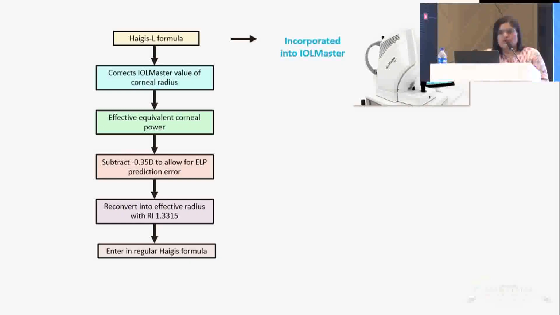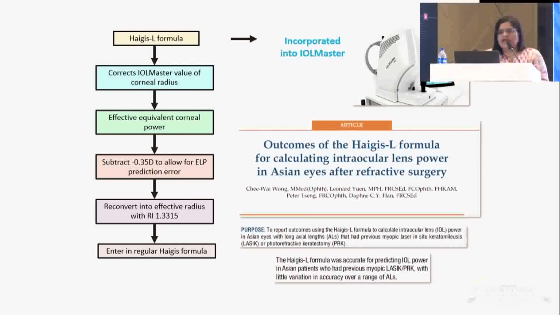The effective equivalent corneal power is taken, subtract 0.35 to allow for ELP prediction error, reconvert into effective radius with a refractive index of 1.3315 and enter in the regular Haigis formula. This formula has also been known to be accurate for predicting IOL power in Asian patients who had previous myopic LASIK PRK, with little variation in accuracy.